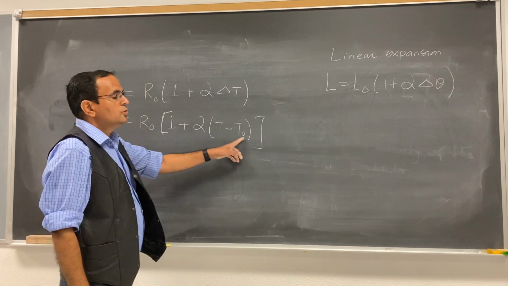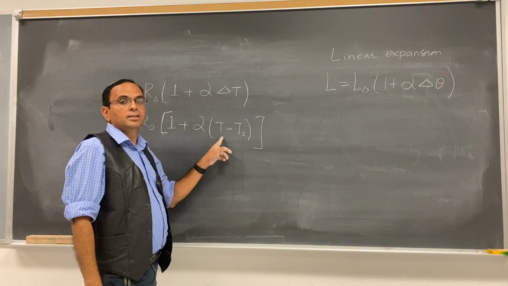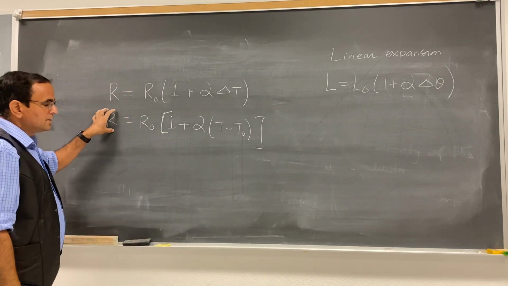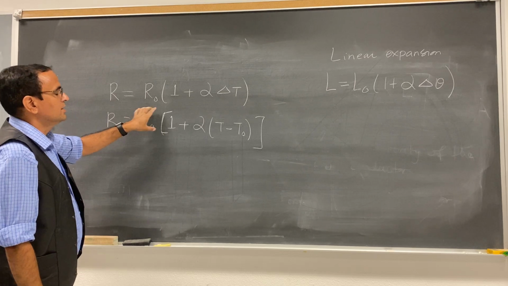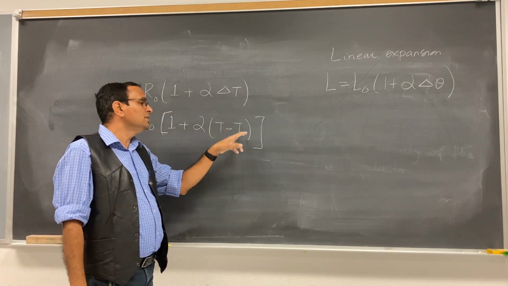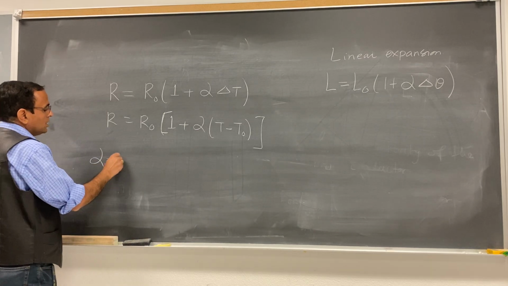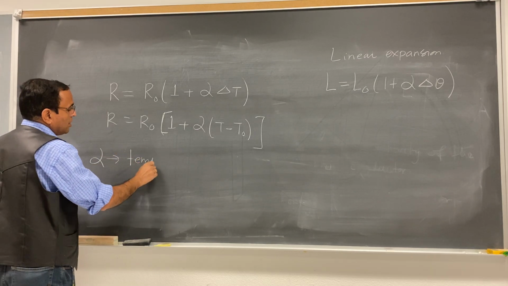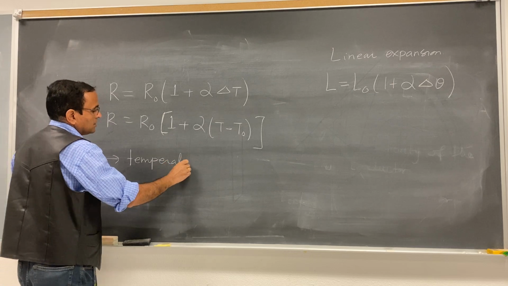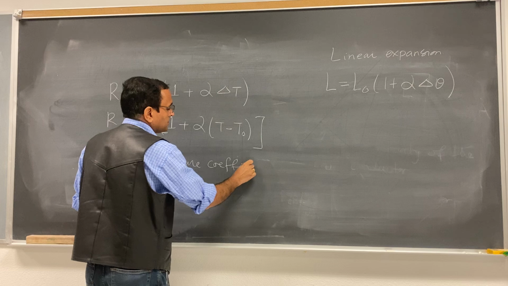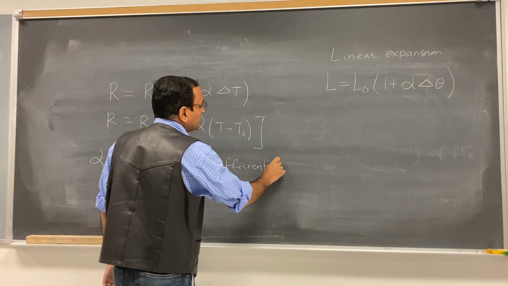R is the final resistance, R0 the initial resistance, T the final temperature, T0 the initial temperature. What is alpha? Alpha we call the temperature coefficient of resistivity.